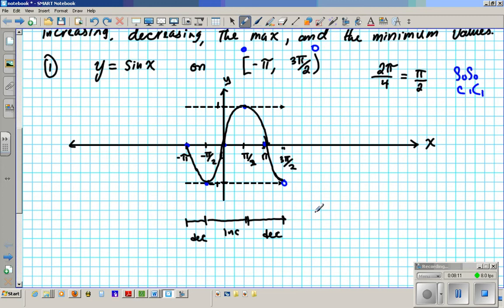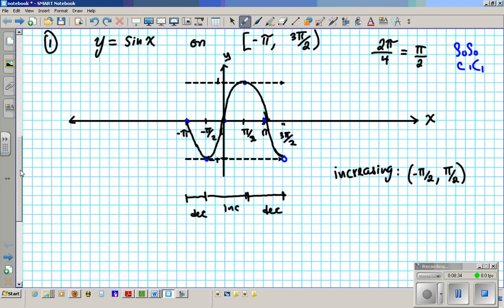So let's write it in interval notation. It is increasing from negative pi over 2 all the way to pi over 2. Okay? That's where it's increasing.